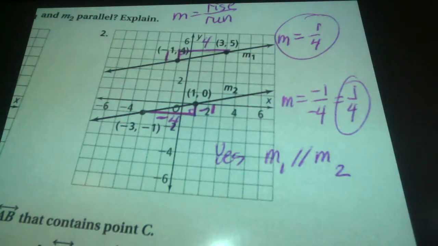Go above or below the line, but then give me the points that you can stair step from. You choose any nice whole integer points.